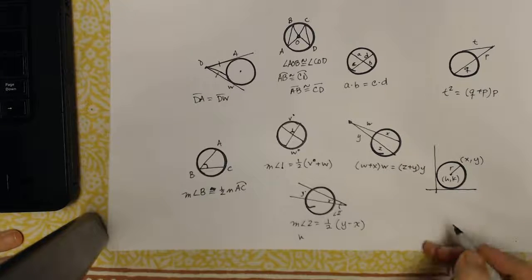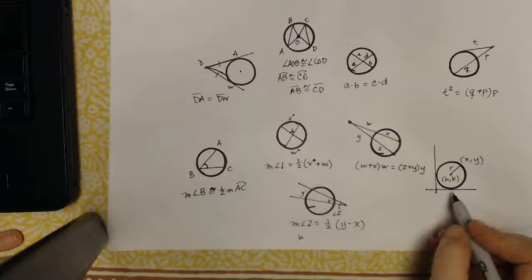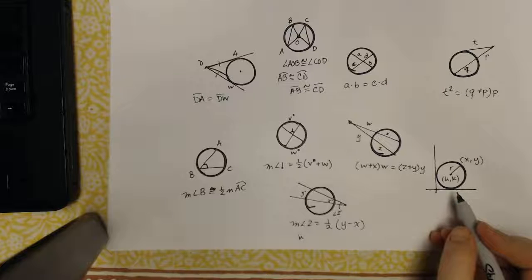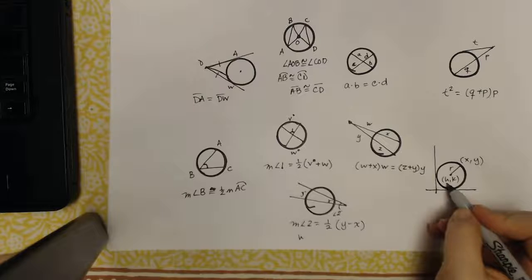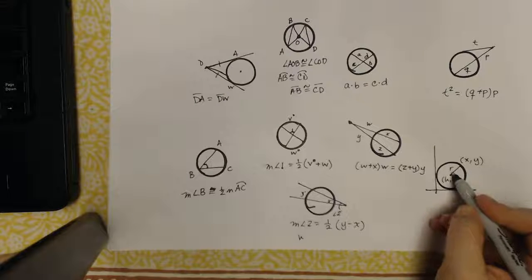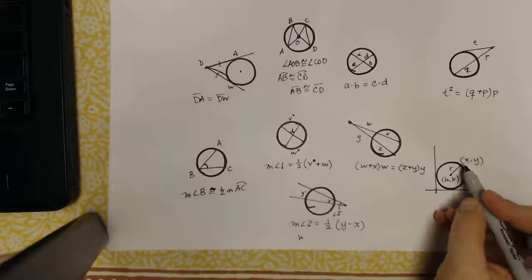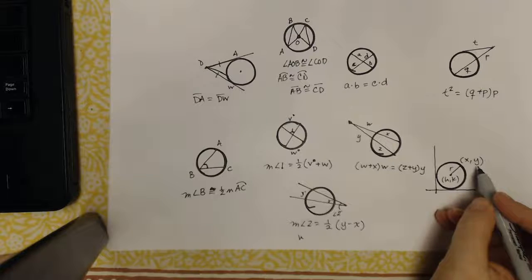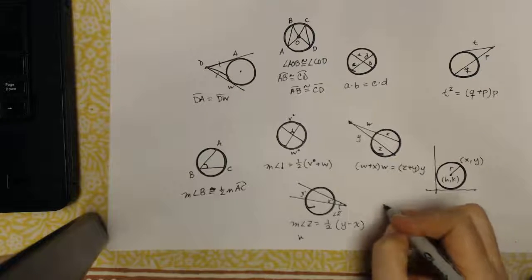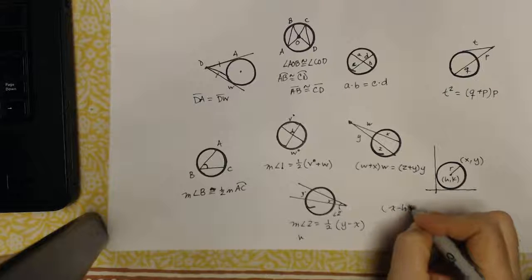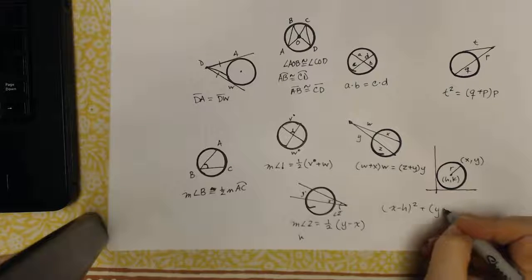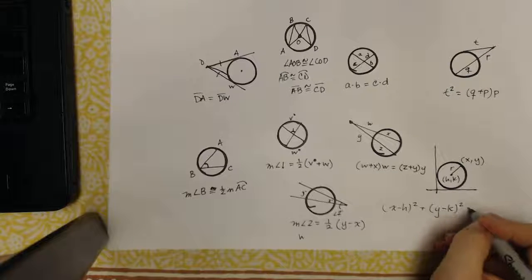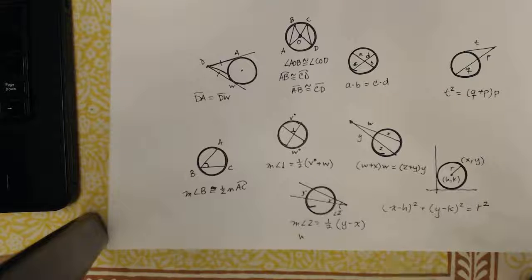Then the last part that you should have in your notes is this little piece down here that talks about a circle. Remember that if we have a circle inside of the coordinate plane and its center is at point (h, k), its radius is r, and any point along the circle is at (x, y), then we can use the general form of a circle, which is (x minus h) squared plus (y minus k) squared equals the radius squared.